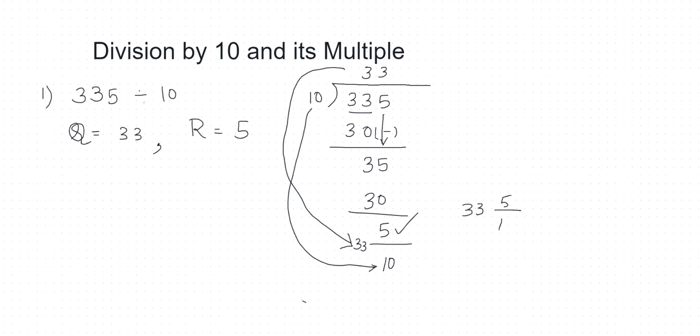There is one more form by which you can express this: you just count the number of zeros. 335 is nothing but 335.0, because you should imagine a decimal point always exists at the extreme right of every whole number.